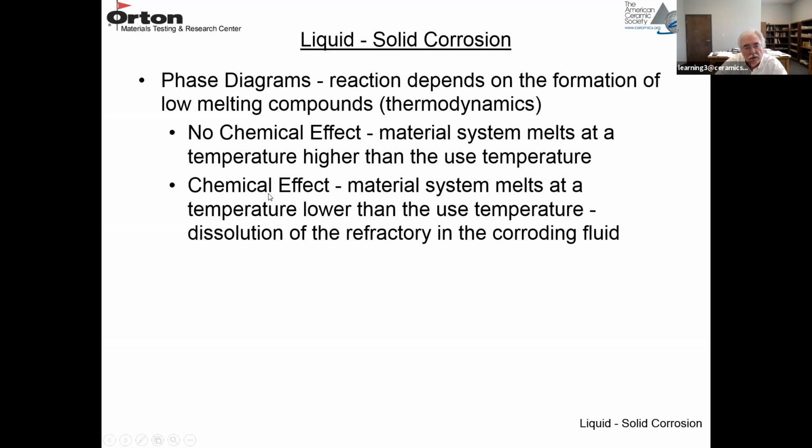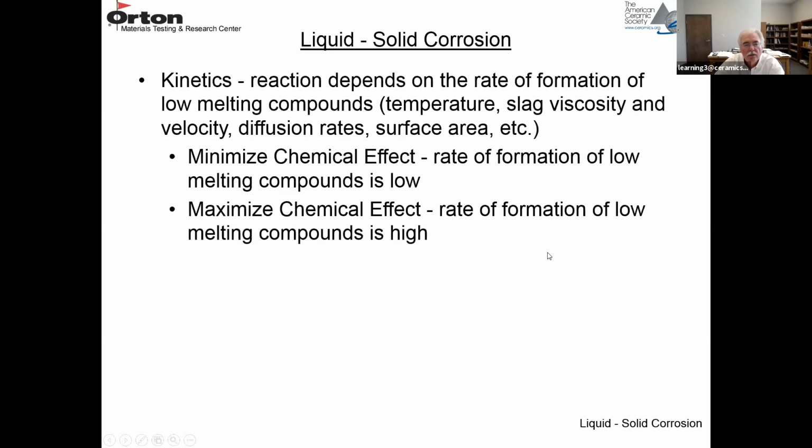On the other hand, you'll have a chemical effect when the material system melts at a lower temperature than the temperature you're operating at. At that point, you develop a liquid system and you'll dissolve the refractory into the corroding fluid. For kinetics, a reaction depends on the rate of formation of these low melting compounds.